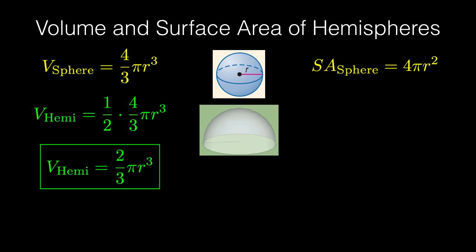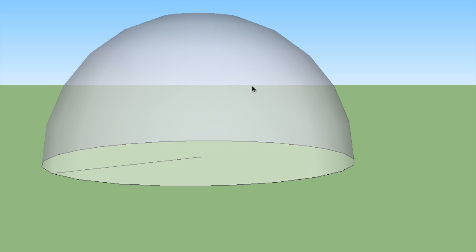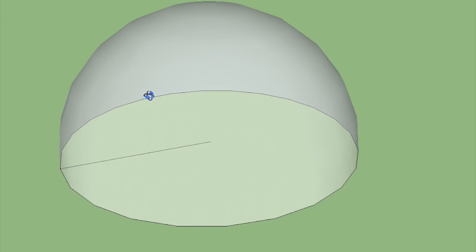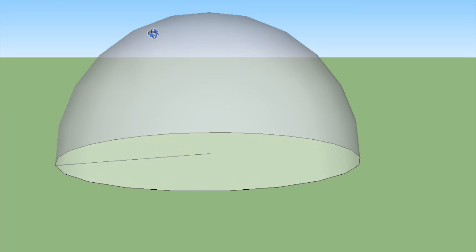Surface area of a hemisphere, it's tempting to just cut 4 pi r squared in half. It's tempting to do that, but that would be incorrect. And here's why. To find the surface area of a hemisphere, first let's just picture ourselves a hemisphere. We've got this sort of dome shape.